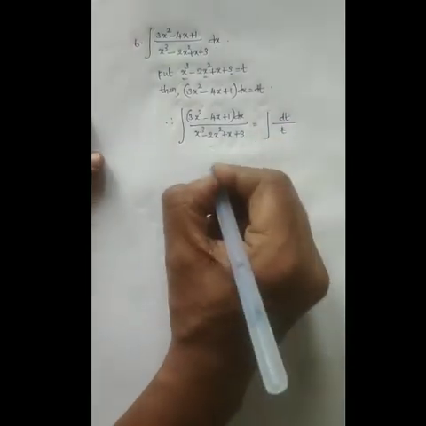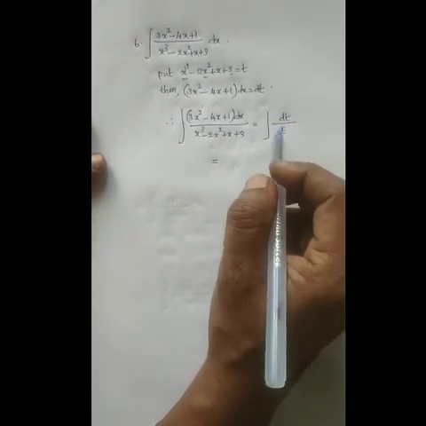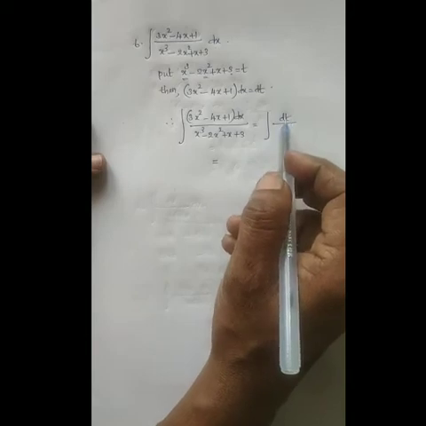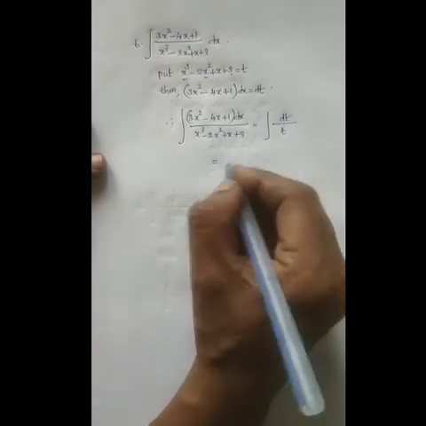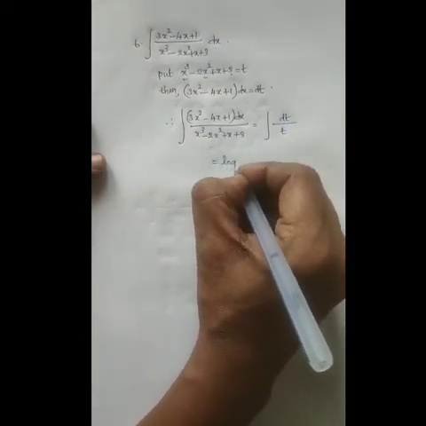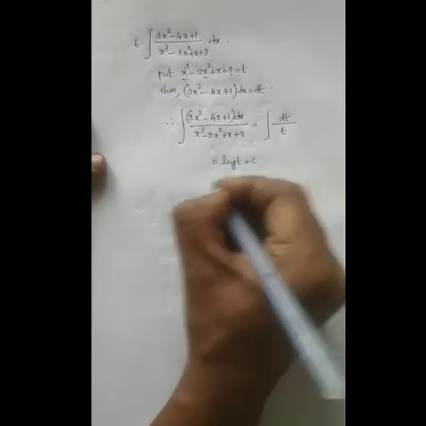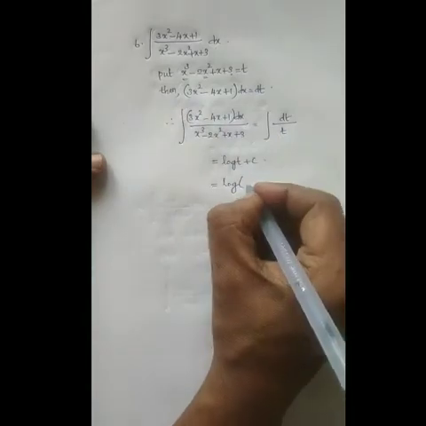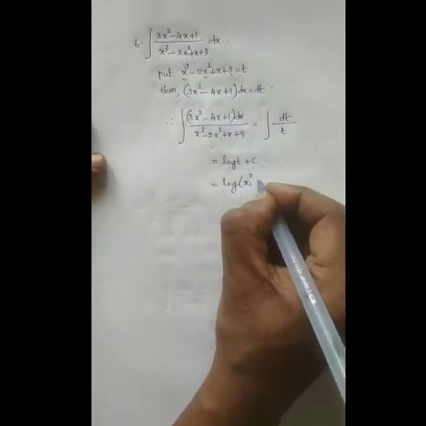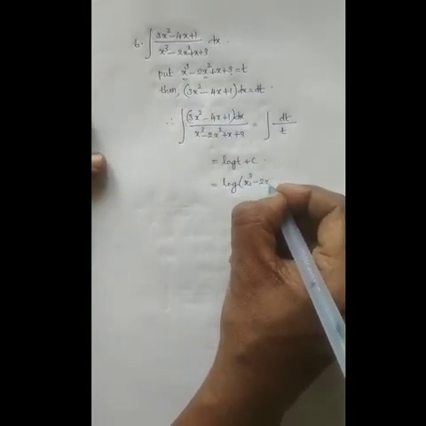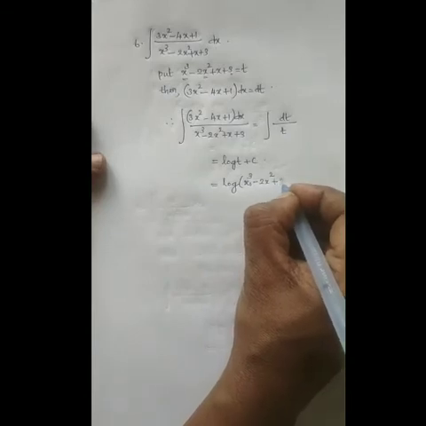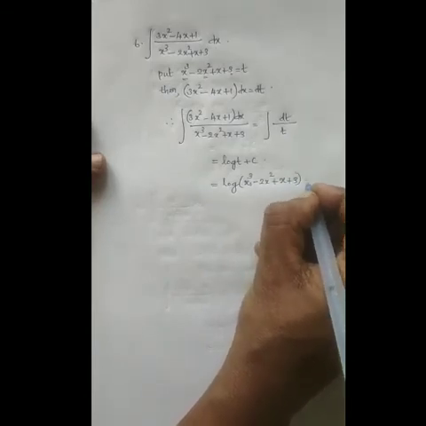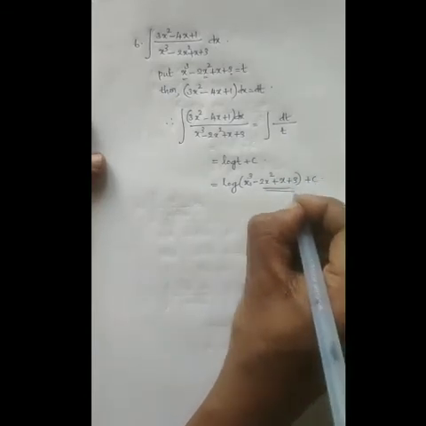Therefore, integral of 1 by t dt is log t plus c, and t is x³ minus 2x² plus x plus 3 plus c.